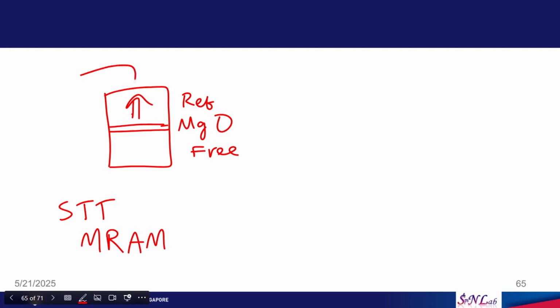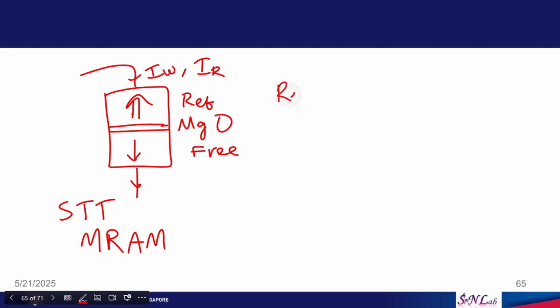Then you are sending current either this way or in the opposite direction to switch parallel or anti-parallel. Okay. So, here the read and write path are the same. If you want to write information, you send current through this path. If you want to read, whether it is 0 or 1, again you are sending current through the same path. So, the read and the write lines are the same.